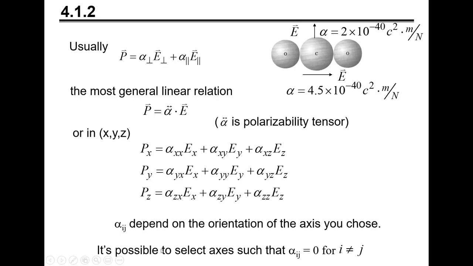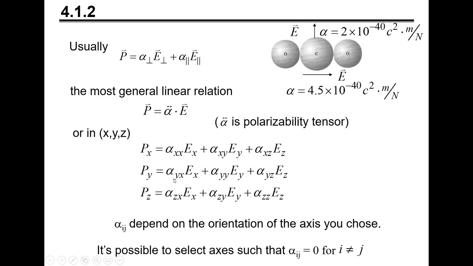Now, it is possible to select axes such that the off-diagonal terms, alpha xy, alpha xz, where i is not equal to j, can be 0. So these terms will vanish.